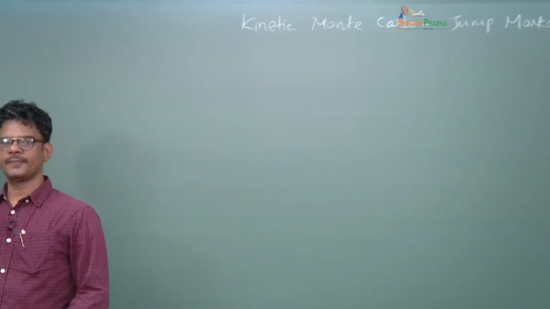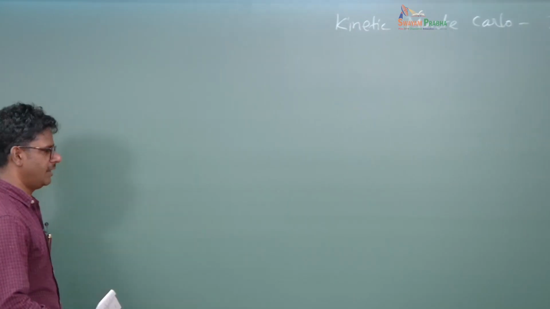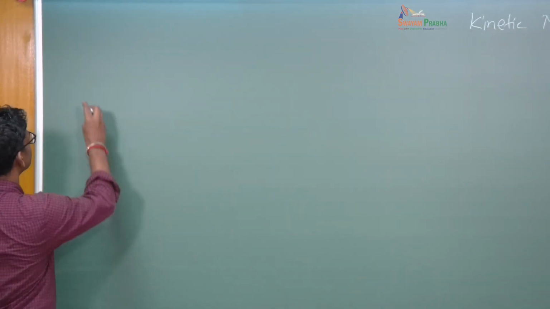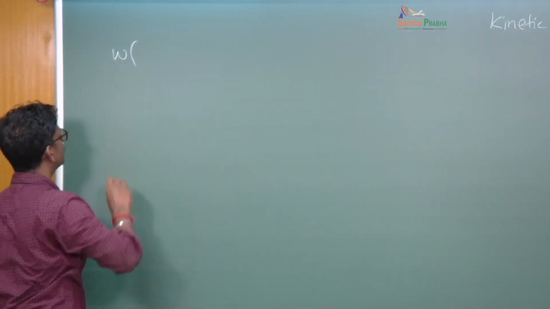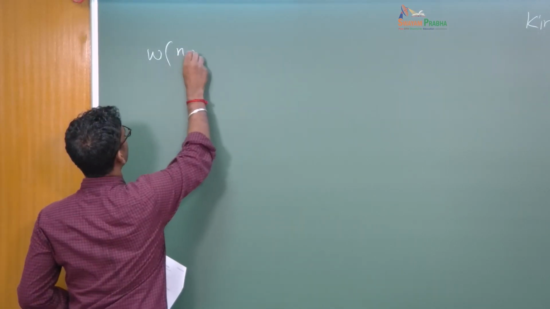Now if you remember, when we think about this jump Markov process, we define a characteristic function, W of n plus ν.